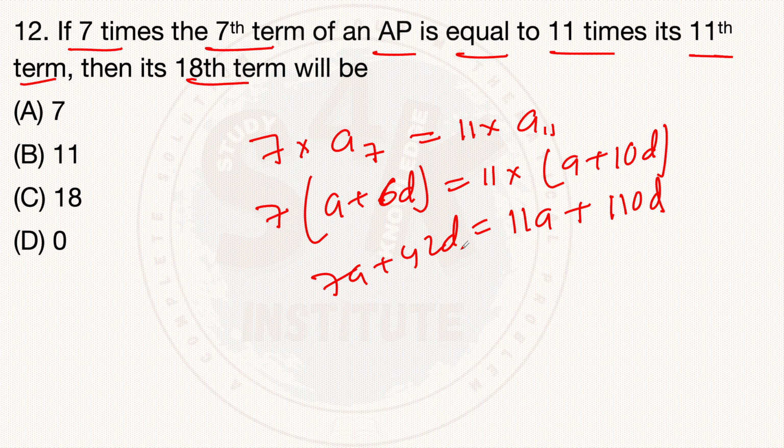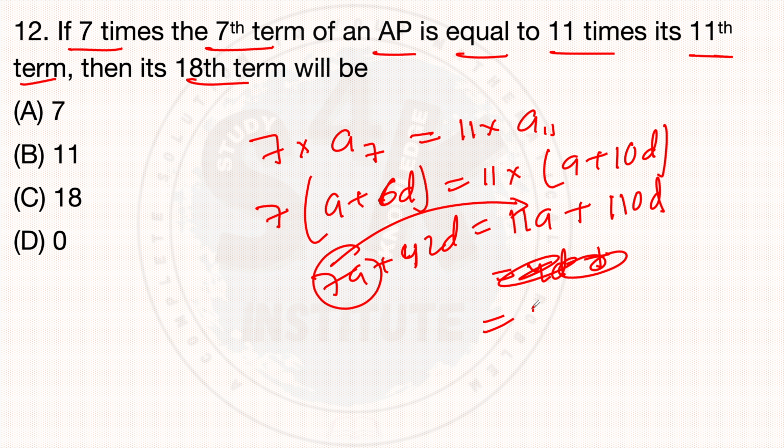Now if we take the difference, let's transfer this. We have 4A, not 4D, 4A. If we transfer this to this side, we will have 11A minus 7A plus 110D minus 42D.